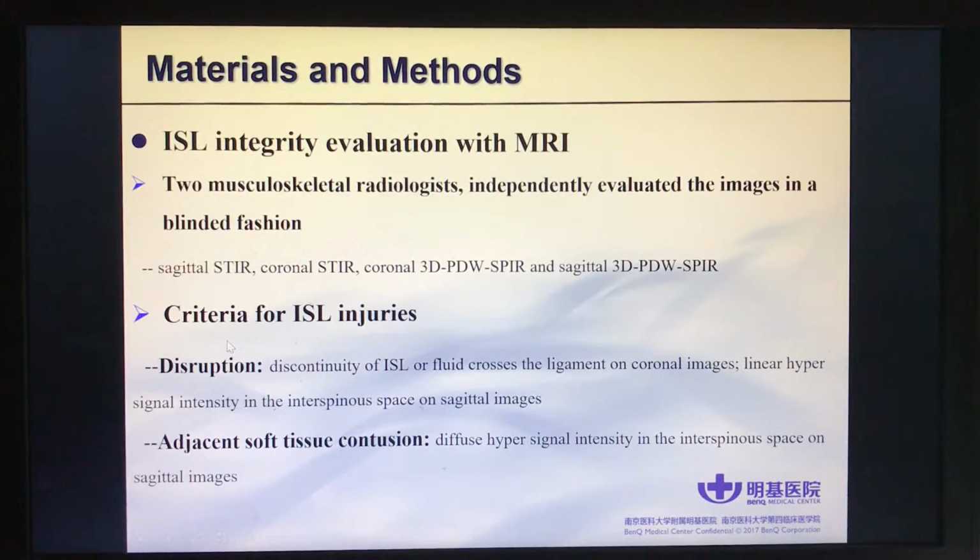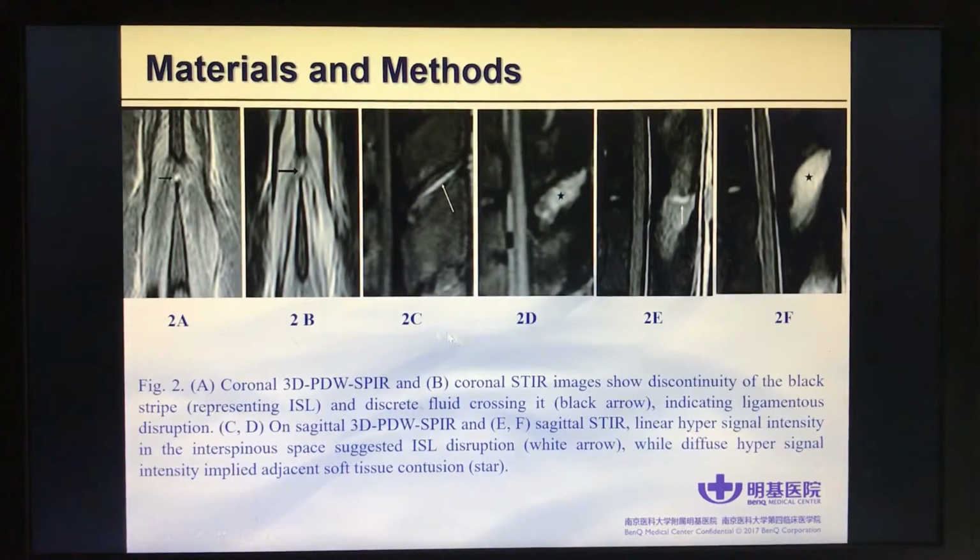As to the criteria for ISL injuries, just as shown in the images, on coronal images, discontinuity of the black stripe and discrete fluid crossing it indicated ligamentous disruption. On sagittal images, linear hypersignal intensity in the interspinal space suggested ISL disruption, while diffuse hypersignal intensity implied adjacent soft tissue contusion.